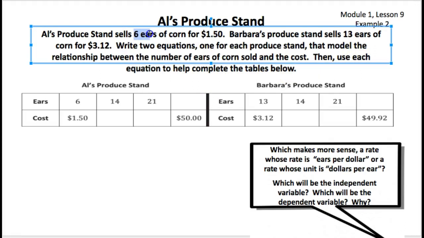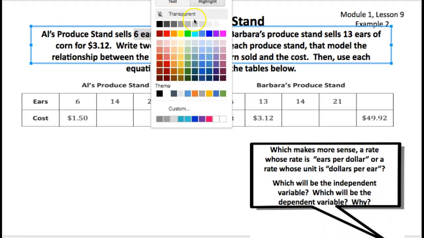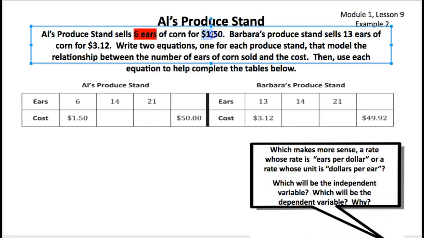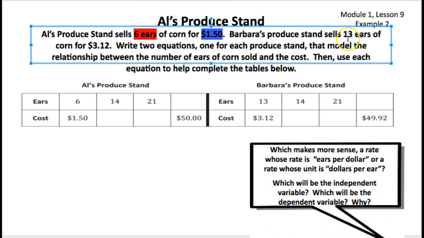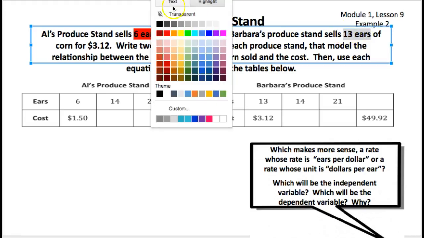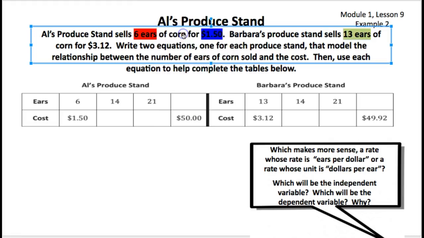So let's go ahead and we'll highlight the important information here. So 6 ears of corn for $1.50. And Barbara's sells 13 ears of corn, make that yellow, for $3.12.